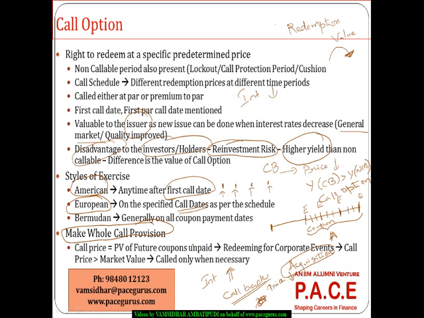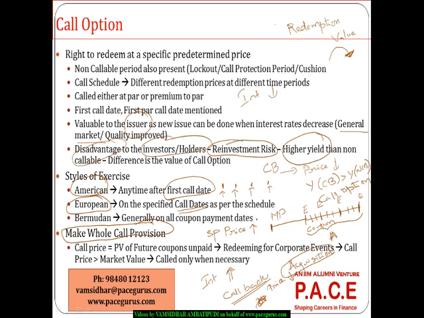Now, the specified price or the call price could be greater than the market price at that point. Market price could be much lesser, especially when the interest rates are higher. So the call price could be much higher compared to that of the market price.